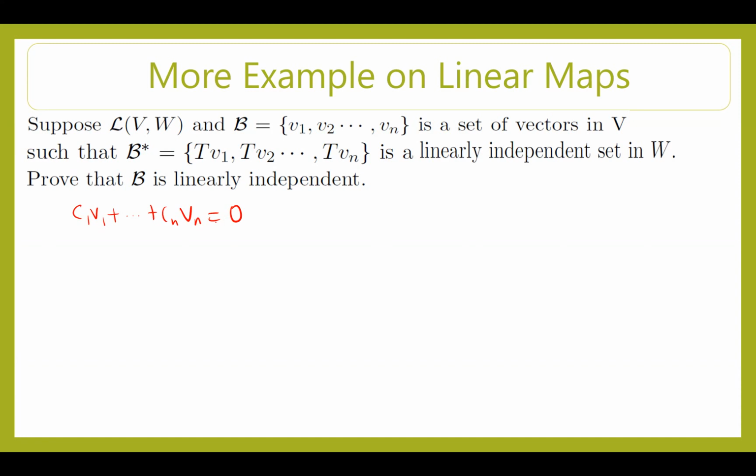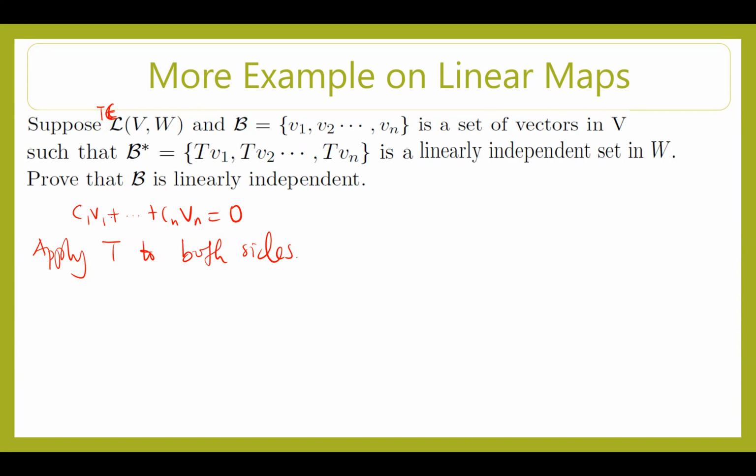Now, remember the theorem I proved before. Now is the time to use it. I can apply T to both sides of this equation. Remember that T is a linear transformation, and I think something is missing here: suppose T belongs to L. That's a typo.